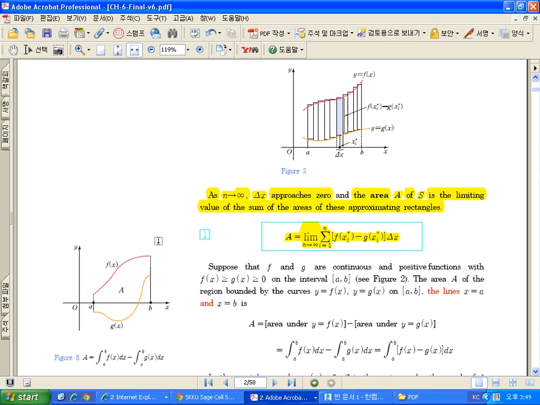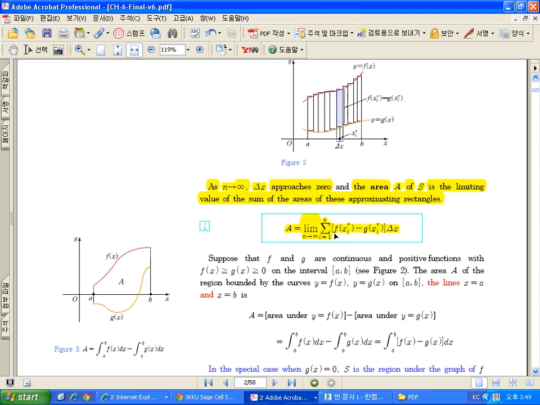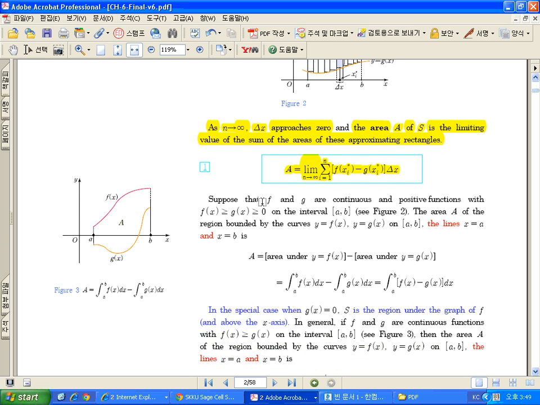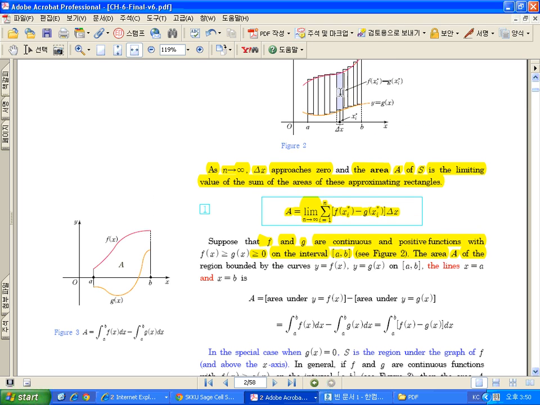The area that you are looking for can be obtained in this way by using the Riemann sum. Suppose f and g are continuous and positive functions, like you see here. Then the area A of the region bounded by the curves on [a, b], like this.